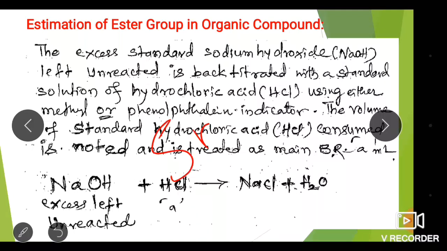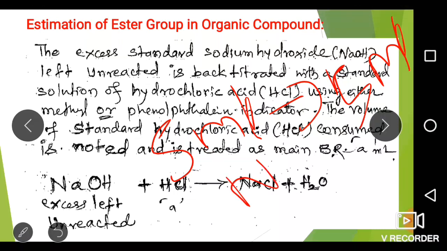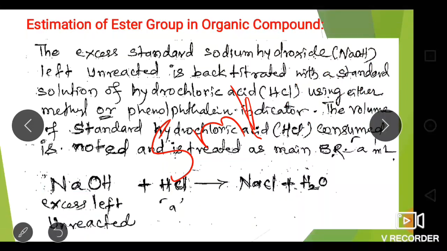For the neutralization of the 5 ml unreacted sodium hydroxide solution, we require 5 ml of HCl. Then this reading, A, is equal to 5 ml.